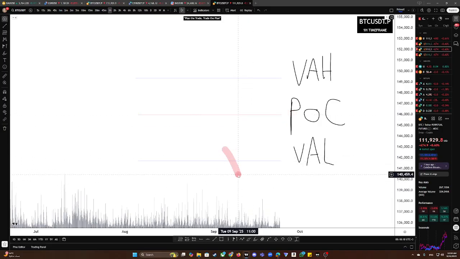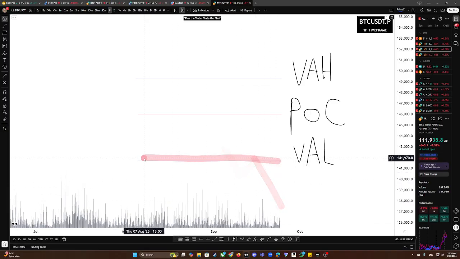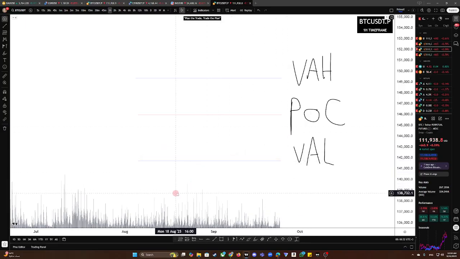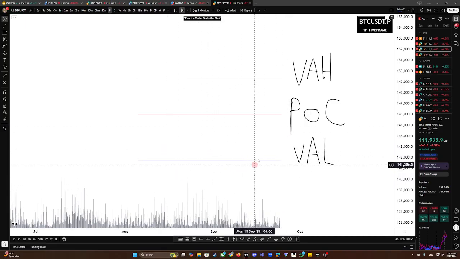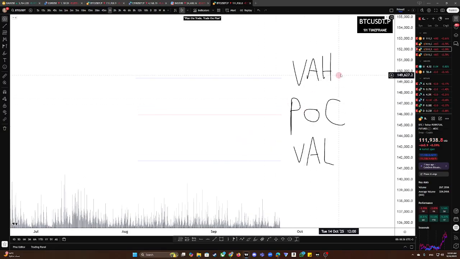If price is falling below the value area low and retests it, it is probably an indication that price may go lower, because this line acts as a resistance. So all you need to know is, depending on where price is, the value area low, the POC and the value area high act as support and resistance.